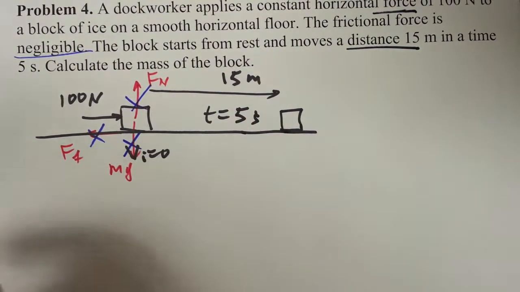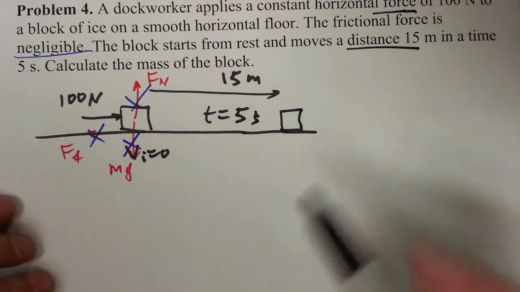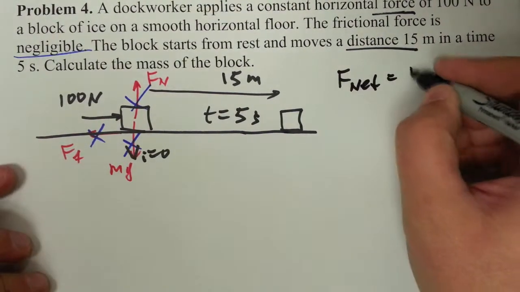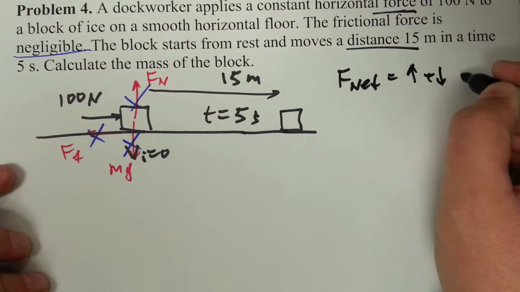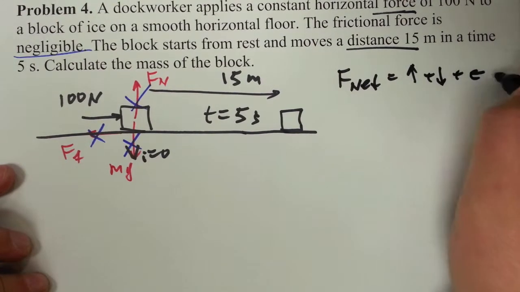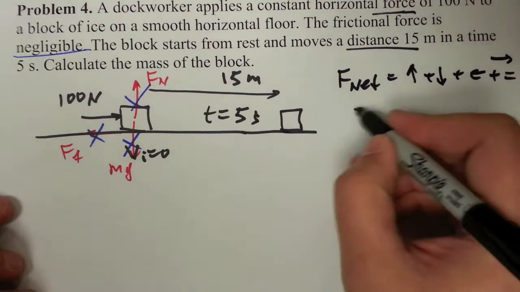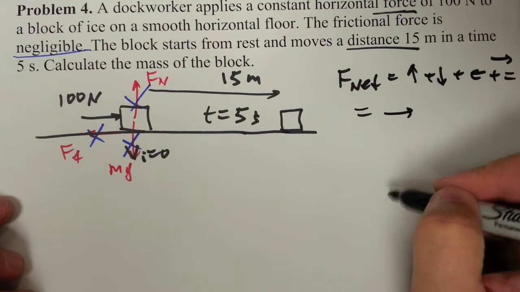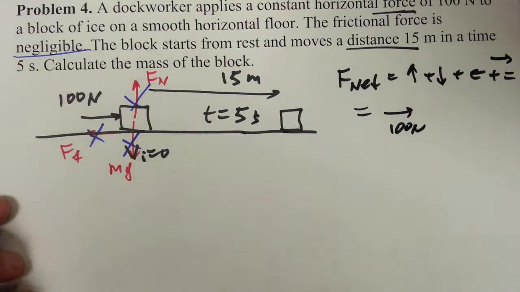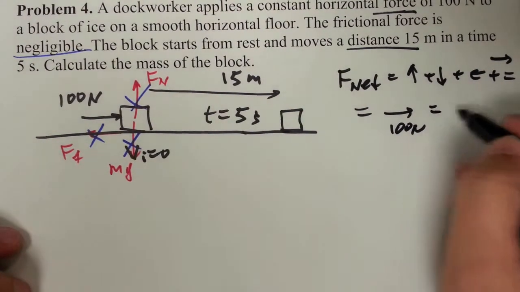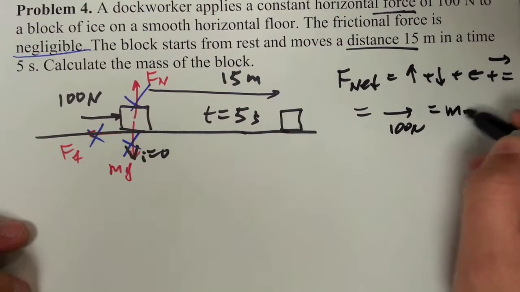They're not responsible for the acceleration. So F net, which is normal plus gravity plus friction plus applied force, will be equal to just the applied force, which is 100 newtons to the right. And that, according to Newton's second law, should be equal to m times a.